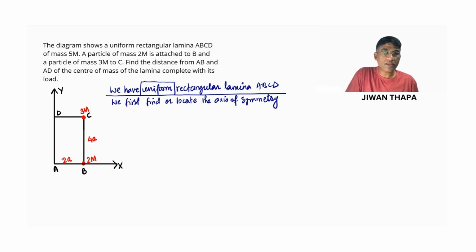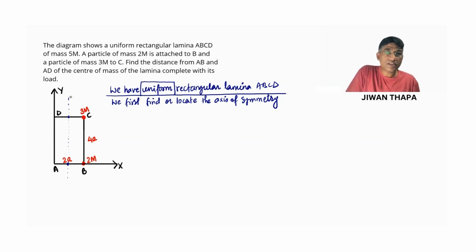Now, let us come back to this diagram. The length AB is twice A. So this is the midpoint, I'm taking it roughly. This is the midpoint of AB. If I divide this rectangle through this line, then we get two equal parts.